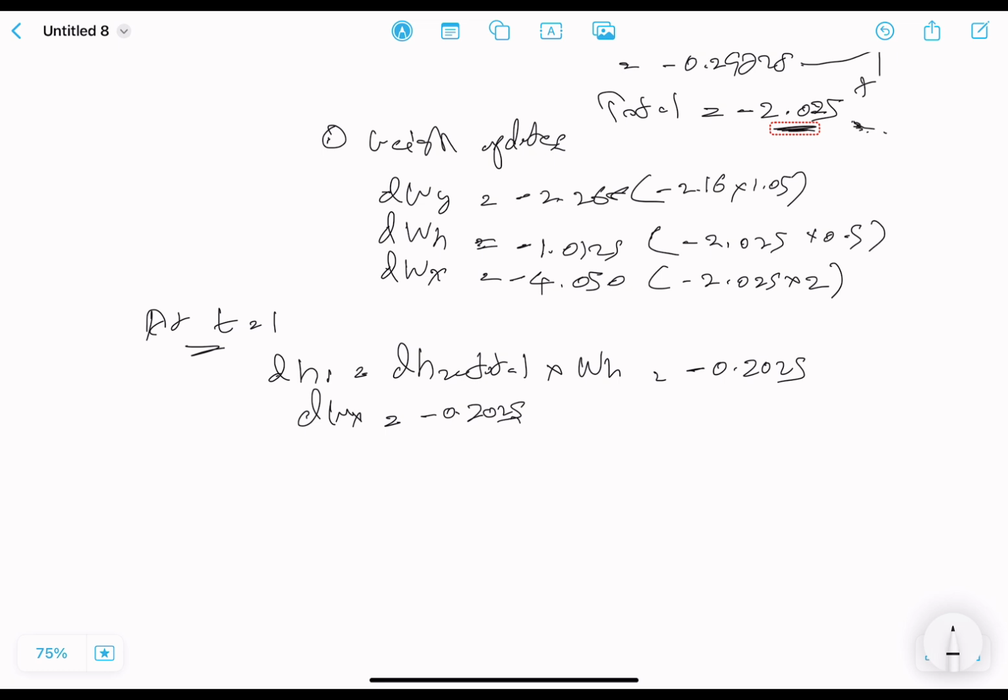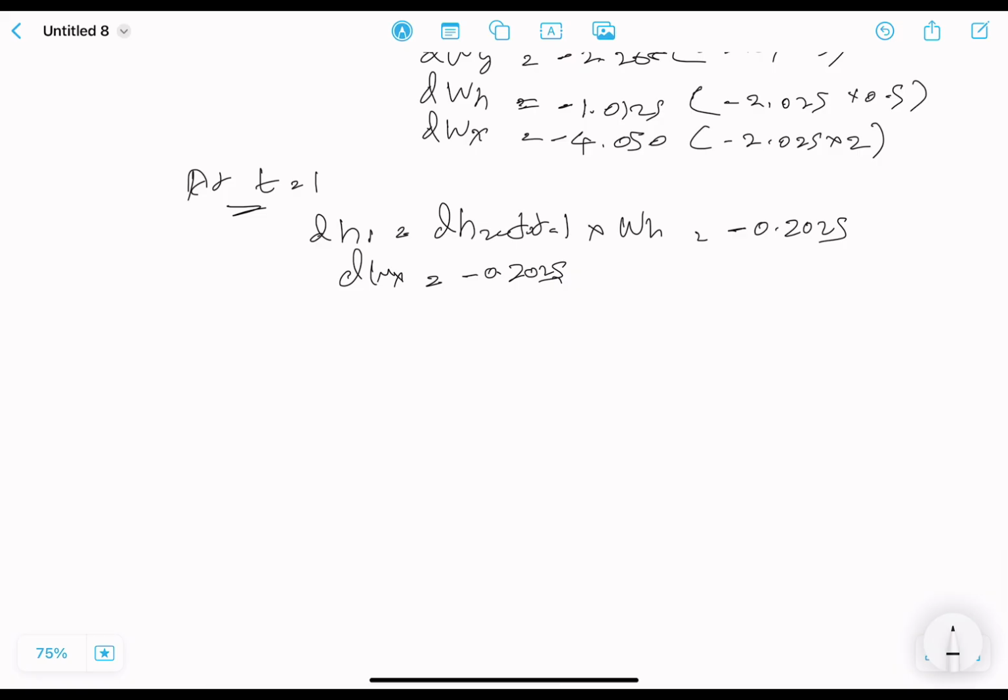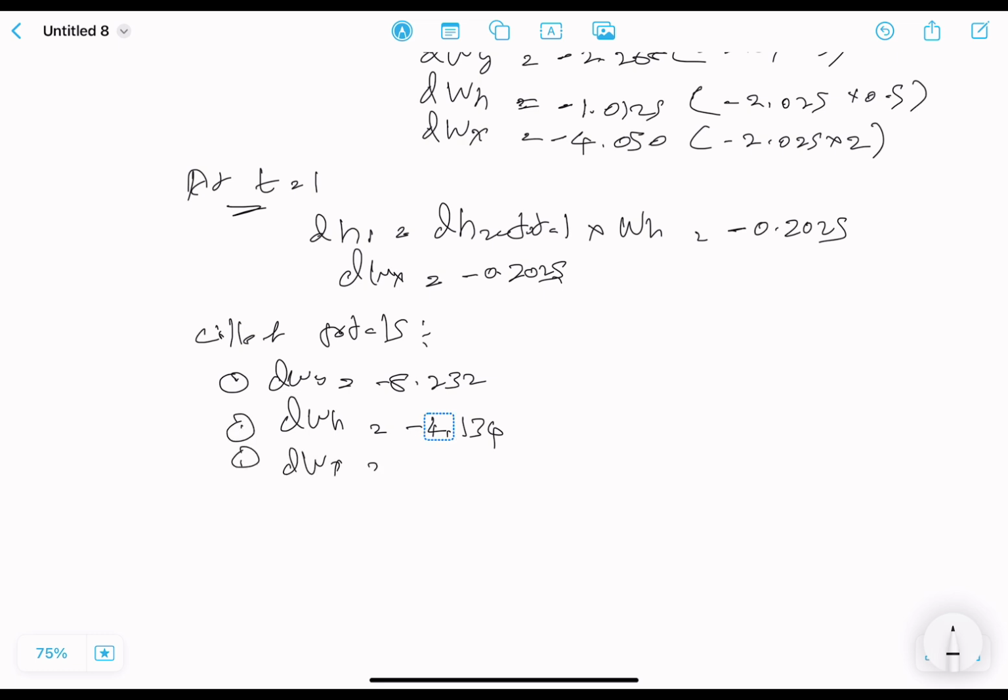After all these steps, we collect the totals, right? In step 3, collect totals: dWy minus 8.232, dWh minus 4.134, dWx minus 13.171.